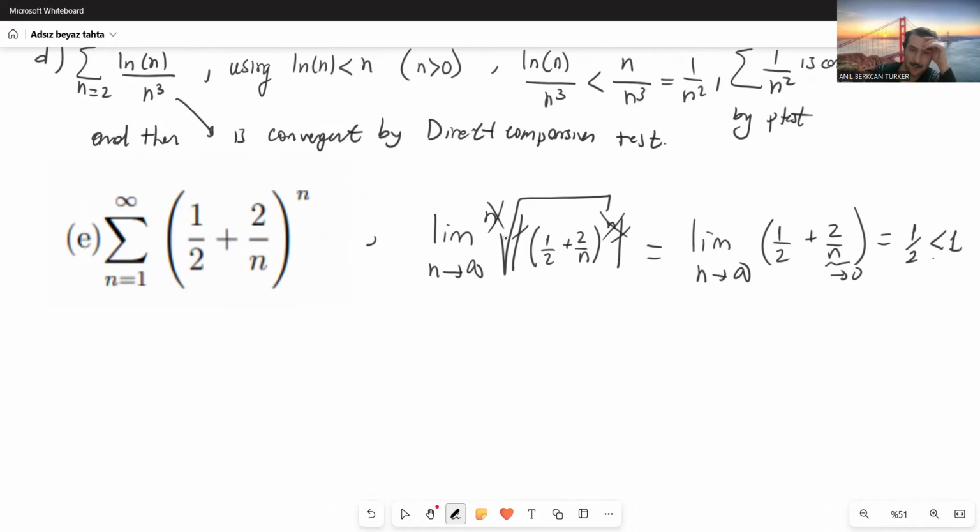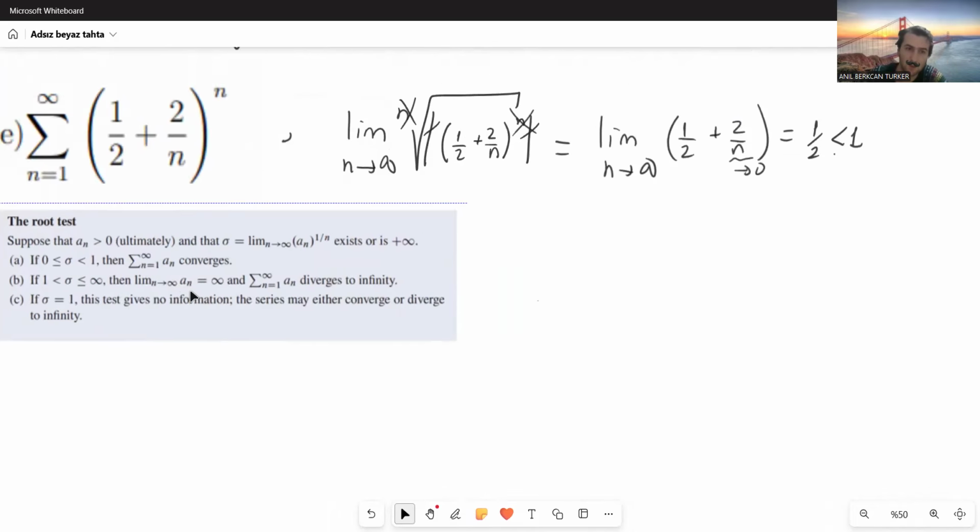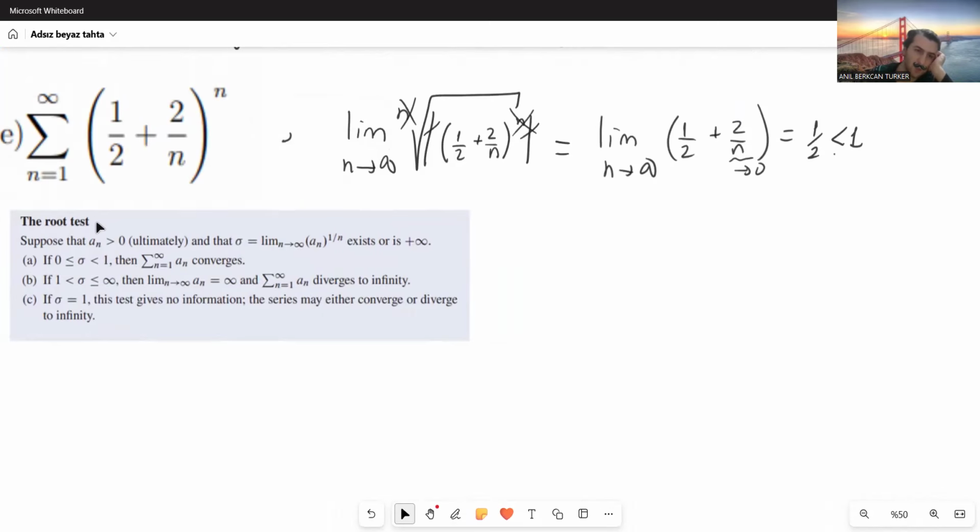By the way, the conditions about these inequalities are the same for ratio and root test. So let me again just copy and paste to show you this is the case. This is again positive.